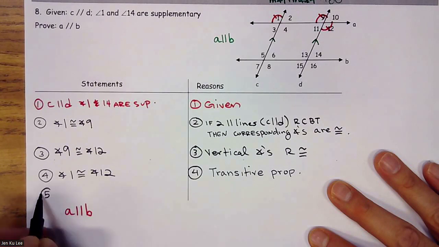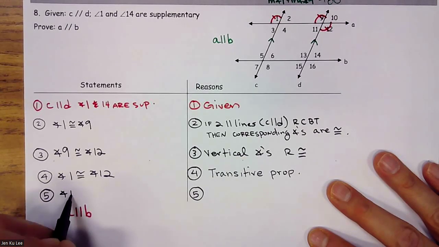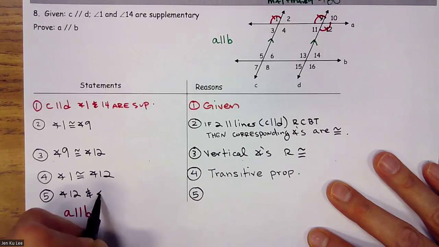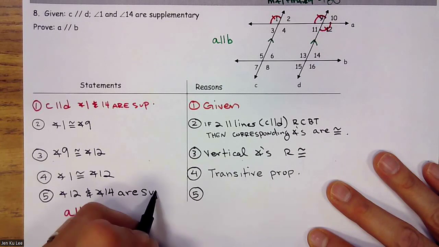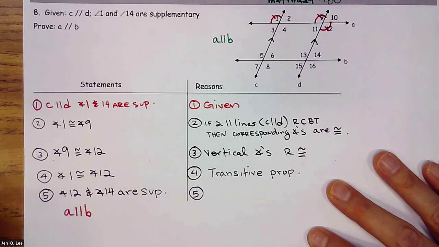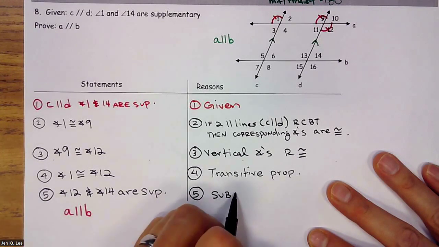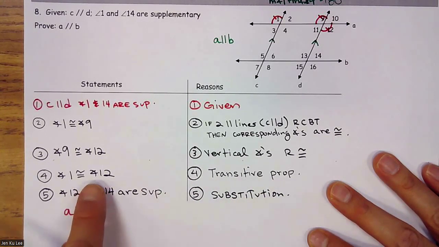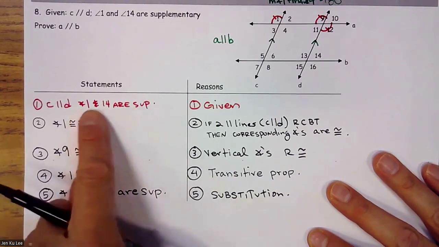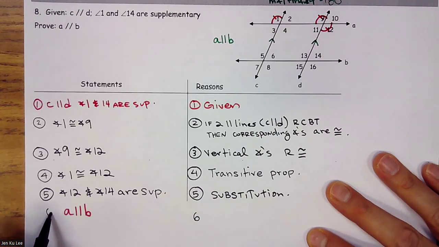Step 5, I'm going to say angle 12 and angle 14 are supplementary, right? Now I know angle 12 and angle 14 are supplementary. That is substitution, because I'm just substituting step 4 into this statement here. Okay? And now step 6 is my proof statement.